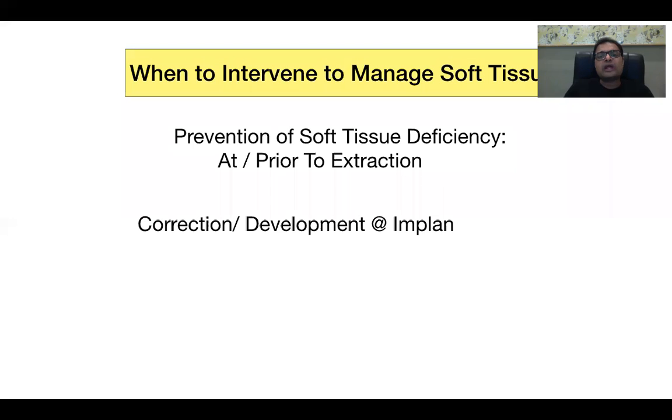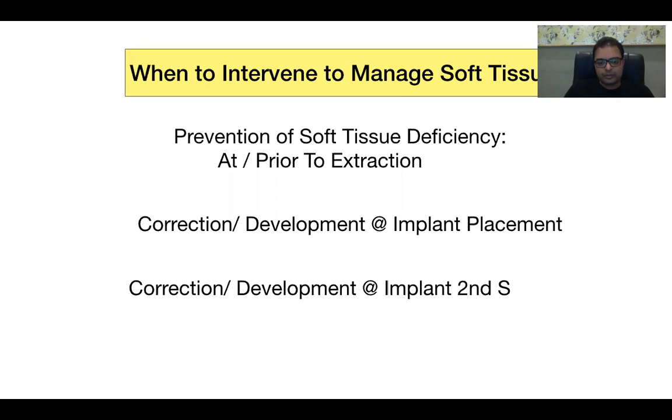Now, when do we start looking at intervening or managing soft tissue around dental implants? This is my flow chart. We can start intervening right now, prior to extraction, so either at extraction or prior to extraction. Second, you can do it at the time of implant placement.